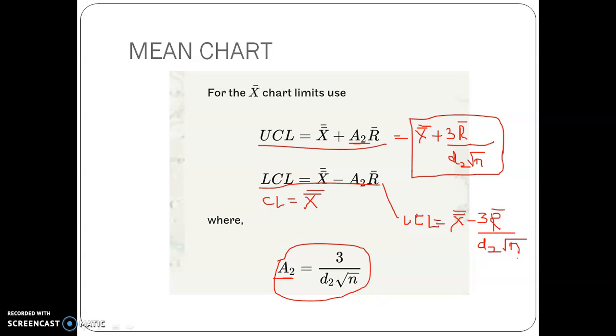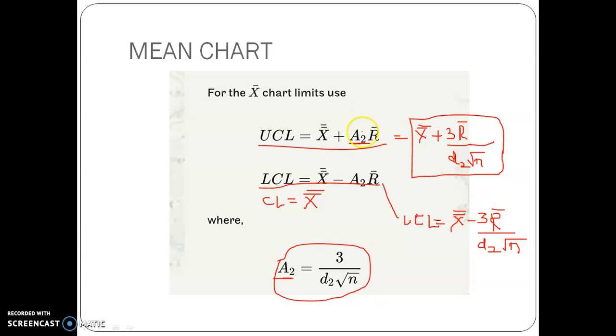Whatever the sample size is, we have to put it here. The value of d2 can be taken from the table. In some formulas you can also find that this 3 is denoted by some variable or constant, maybe z or anything, but the value that we keep here is 3.